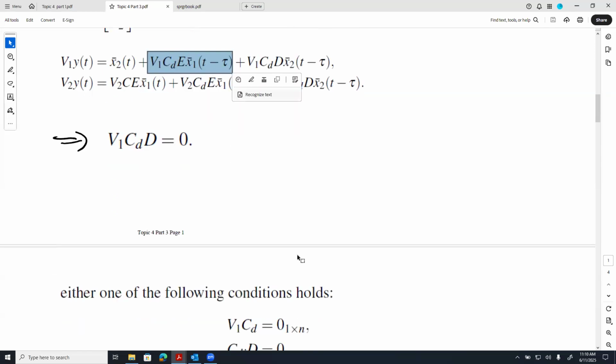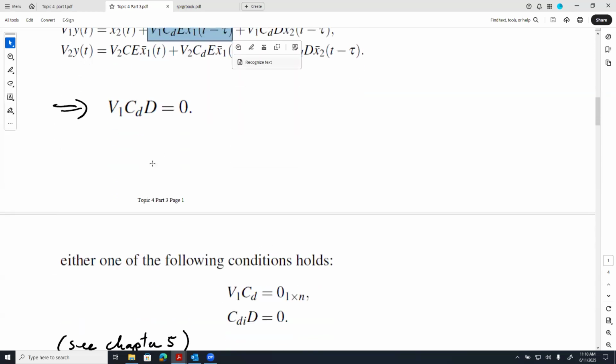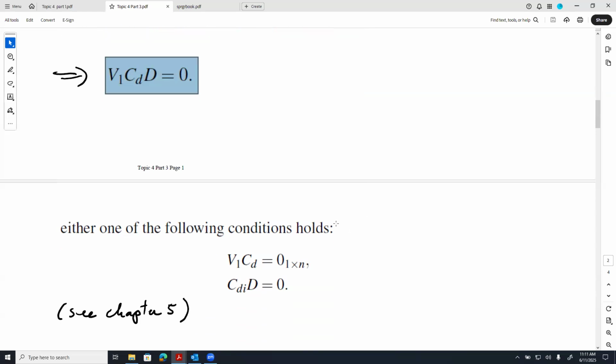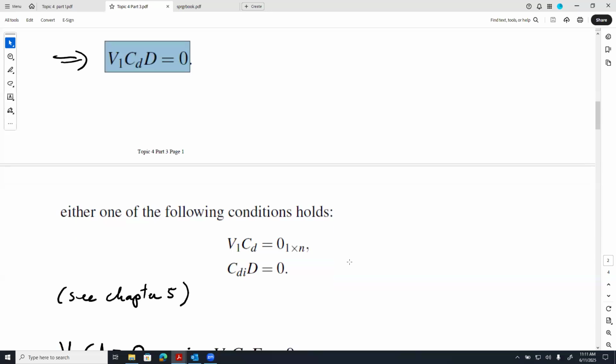Now, when we further look into this condition, we can see that either one of the following two conditions, if it holds, will ensure that this condition holds. And that's where we look deeply into that expression. So one of the conditions is, what about if this thing equals 0?